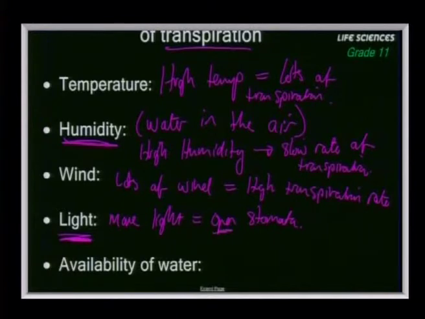And the more sunlight they have, the more photosynthesis takes place, the more glucose they produce, the lower the water potential in the stomata, so it will absorb water, get nice and full, and open nicely. So we must have light. More light equals very open stomata. Less light, the stomata start to close. At night, the stomata are closed completely because there is no light.